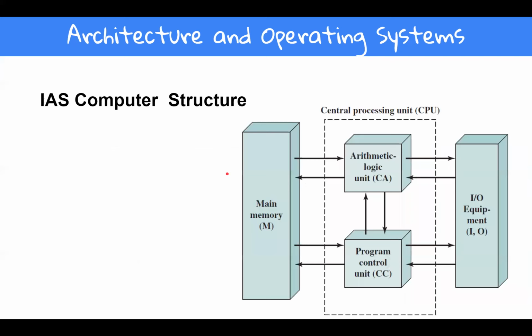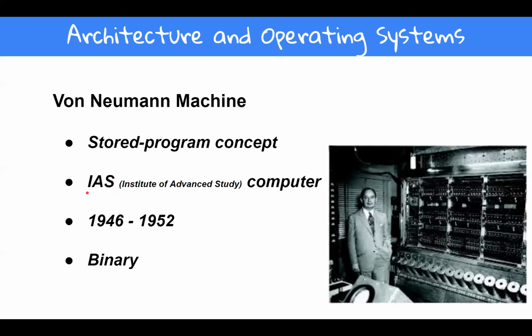What he did was create the first machine called IAS, the Institute for Advanced Study computer, which took about 6 years to build. This machine works based on binary numbers.